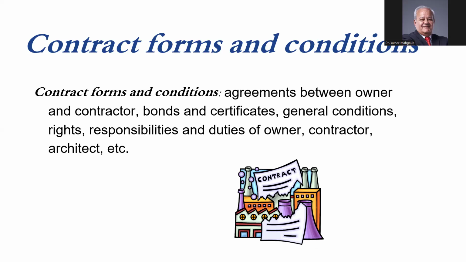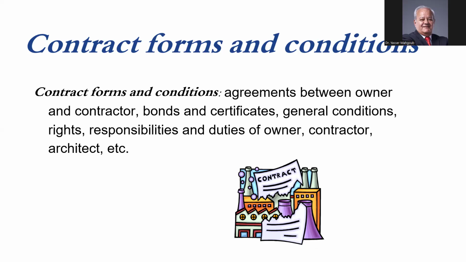The next part is the contract forms and conditions. This is, as we said, the binding document between the contractor and the client. You as an architect write a different contract. This is not your contract as an architect. This is a contract between the client and the contractor.